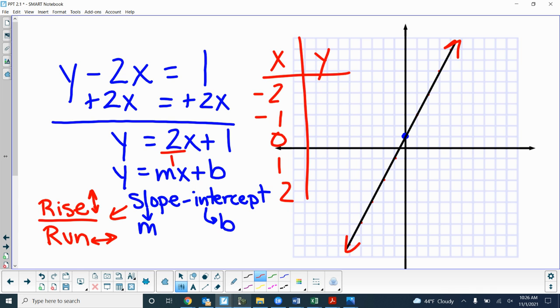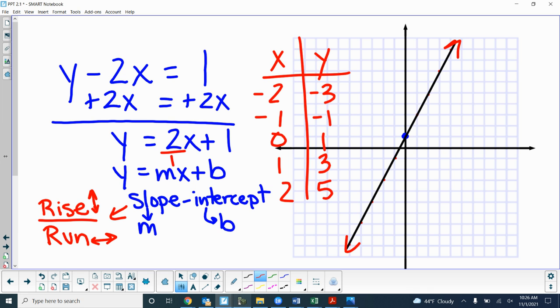All right? -1 would be -1. 0 would be +1. 1 would be 3. And 2 would be 5, right? 2 times 2 is 4, plus 1 is 5. So we could find those points that way too.